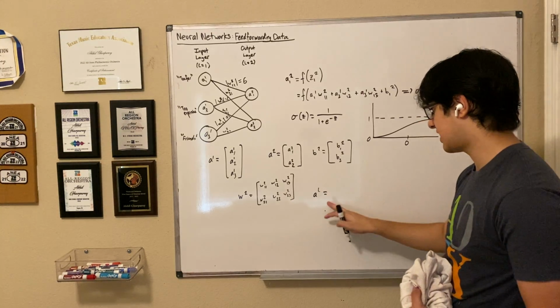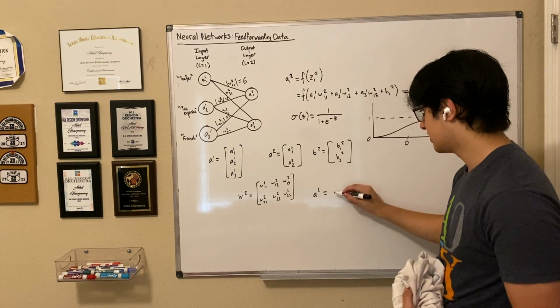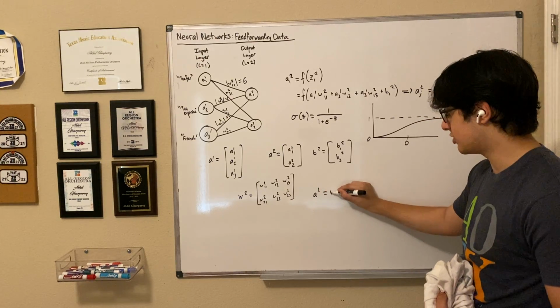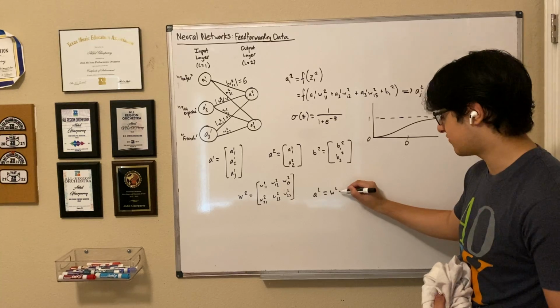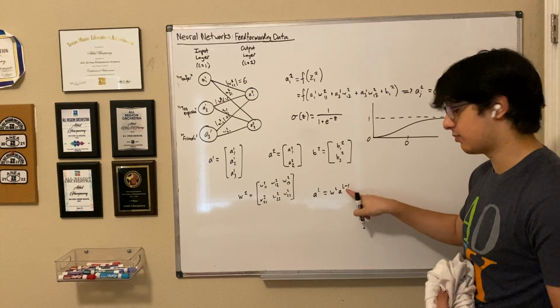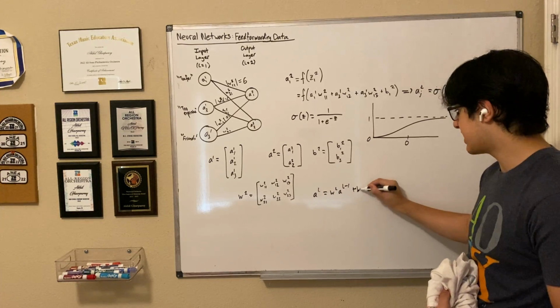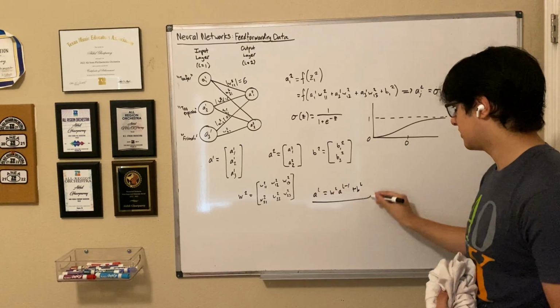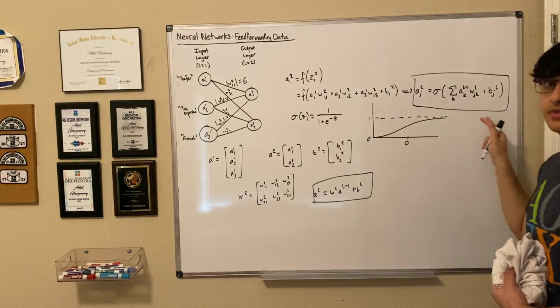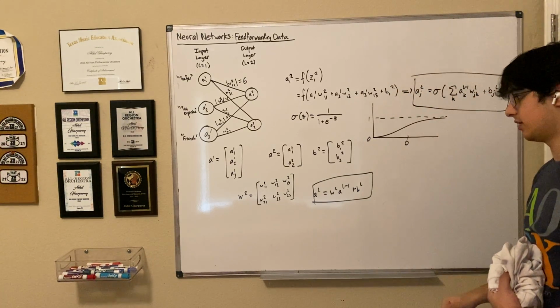So we can put that in compact notation as well. This is the activation vector for some layer. This is going to be the weight matrix for that particular layer times the activation vector for the previous layer plus the bias vector for the new layer. And these two equations right here make up the idea of the feed forward.